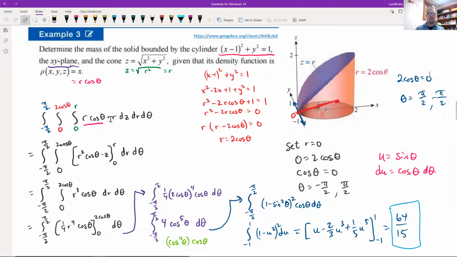And then the rest of that is just the volume differential. But then you go through this, evaluate inner integrals, you eventually get to this thing where you've got cosine to the 5th power. So you bring an even power of cosine and you do a u substitution so that eventually you get 64/15.